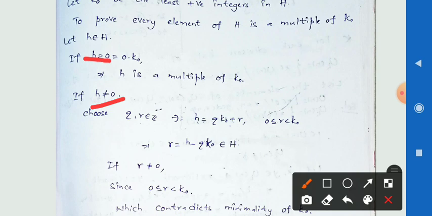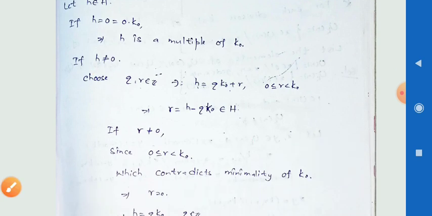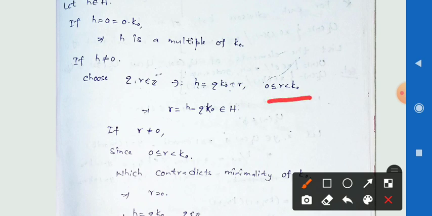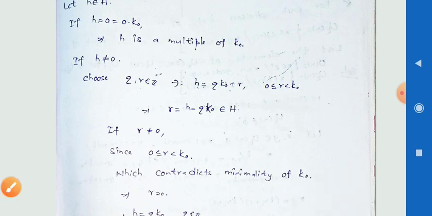Here r can be written as r is equal to h minus q into k naught, which belongs to H. If r not equal to 0, then since 0 is less than r less than k naught, this is a contradiction to the minimality of k naught. So if r not equal to 0, the minimality fails, therefore r must be equal to 0.